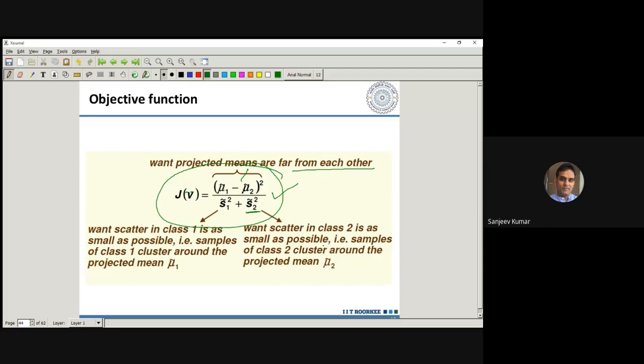So I want to project my data onto a line such that between-class scattering becomes more, and within-class scattering is minimum. This is the concept of LDA.